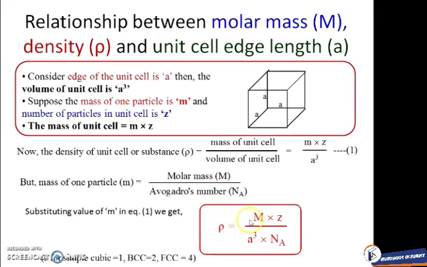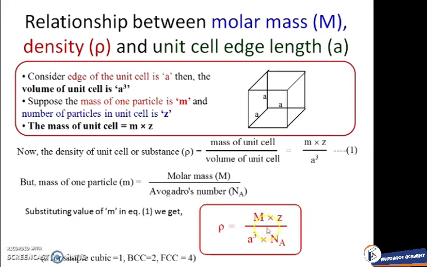That is rho, it is equal to M, capital M means molar mass, into z. z is the number of particles. In some books, instead of z, small n is used to represent the number of particles, but there is a chance for confusion. Small n is used for the number of moles, and therefore in some reference books, instead of small n, z is used. z is the number of particles.